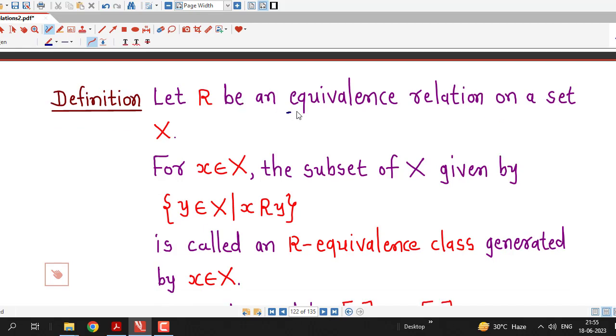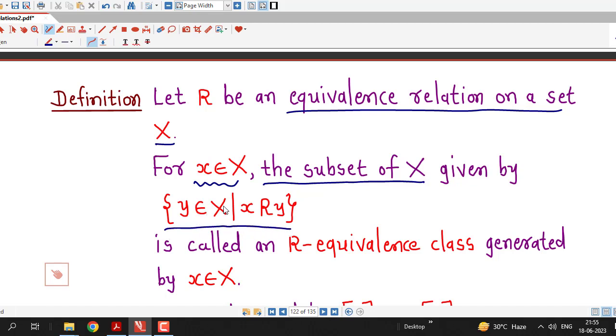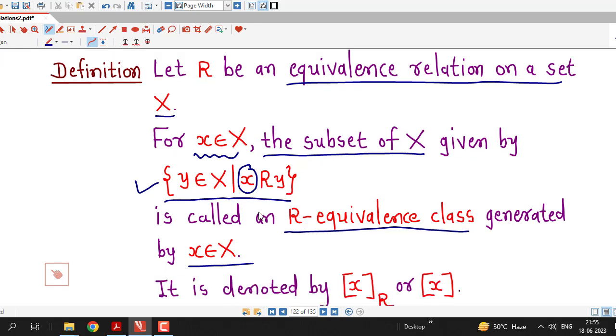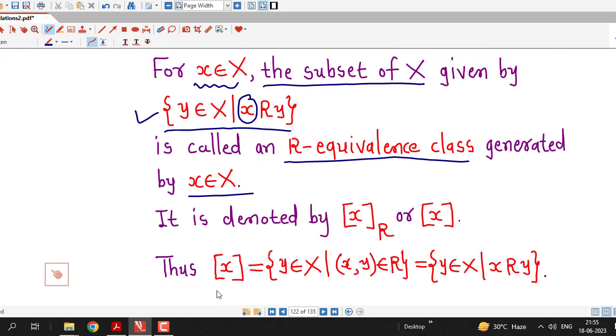Let R be an equivalence relation on a set X. For small x in capital X, the subset of capital X given by all those elements y of X such that x is related to y is called an R equivalence class, or simply equivalence class generated by small x belonging to capital X, or we can say that this set is an equivalence class of small x, and this is the notation for equivalence class.